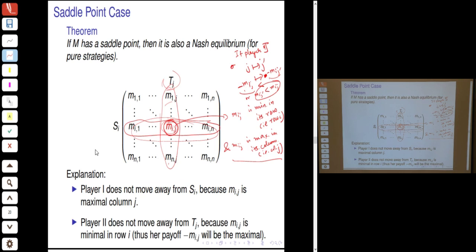If all the other players stick to their strategies, then there is no incentive for the remaining player to switch his strategy from the existing one, right? So that's exactly the definition of Nash equilibrium, and we have argued why a saddle point must be a Nash equilibrium. Okay? Any questions?